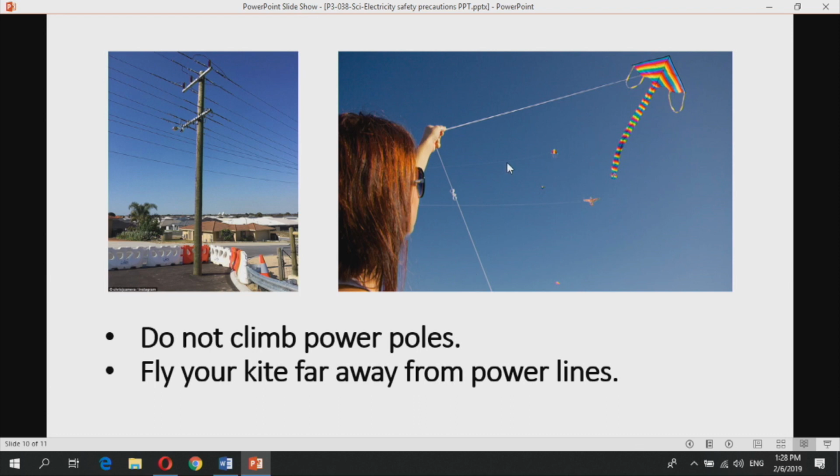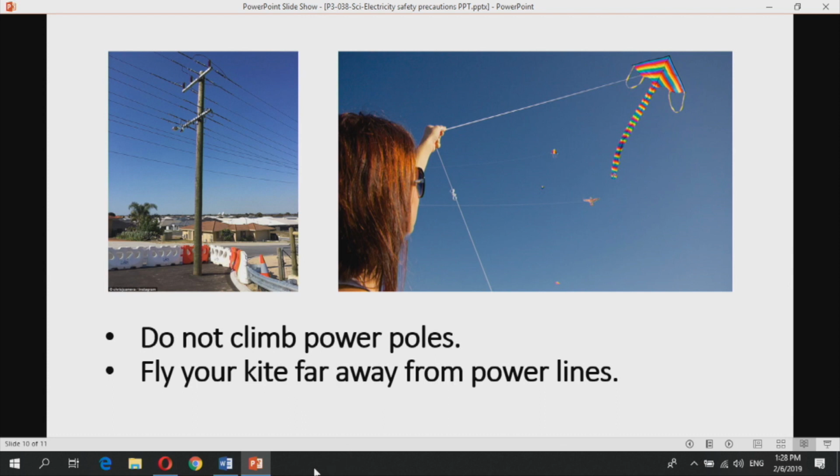Is this a good idea to fly this kite near here? No. Always fly your kite in the sky. Fly your kite far away from power lines.